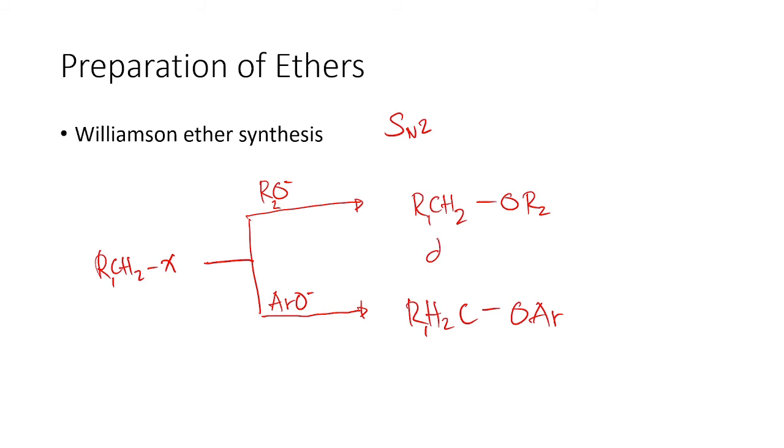So, as you can see here, we have here a dialkyl ether, and we have here an alkyl aryl ether. So, the synthesis of ether is actually based kung ano yung gusto mong produce na ethers natin.